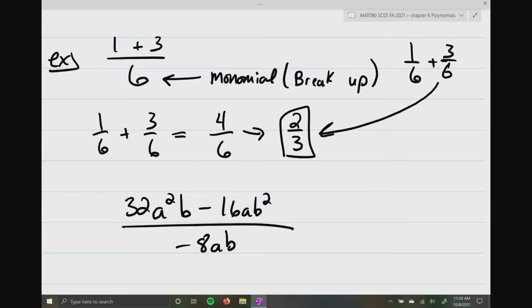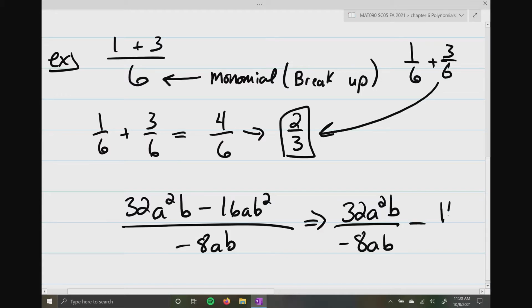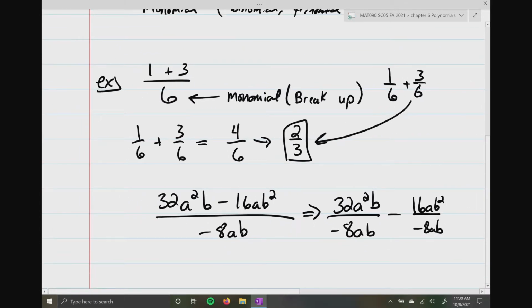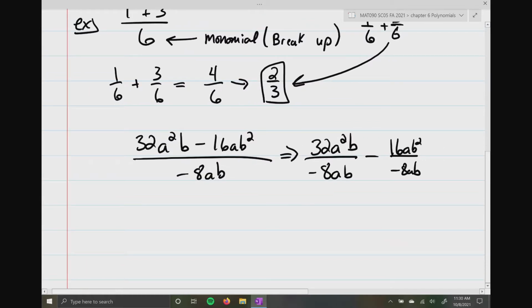And if you have a monomial in the denominator, just like the previous problem, what we're going to do is we're just going to break this up. So does everybody see what I did there? Does everybody see what I did?